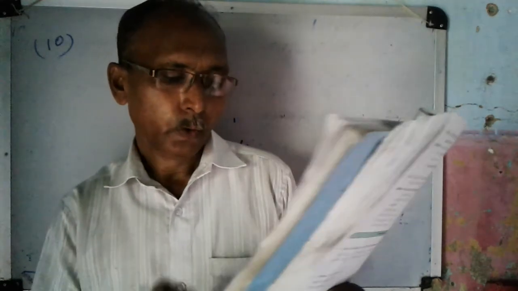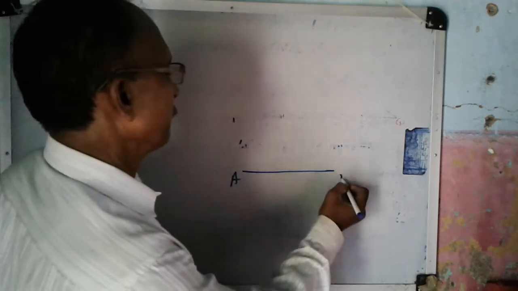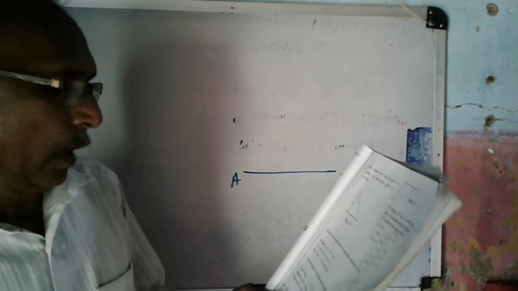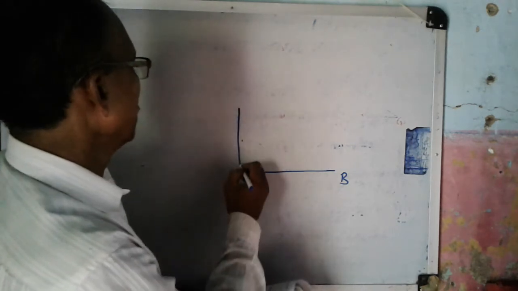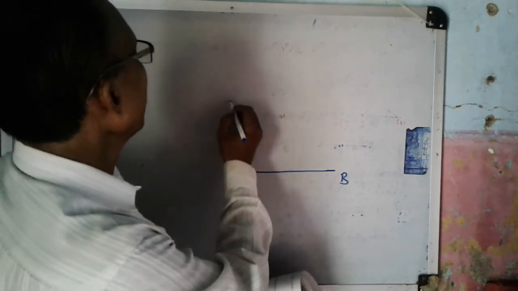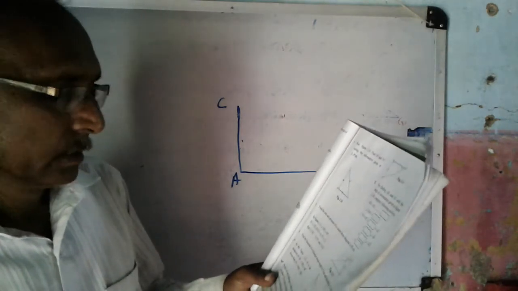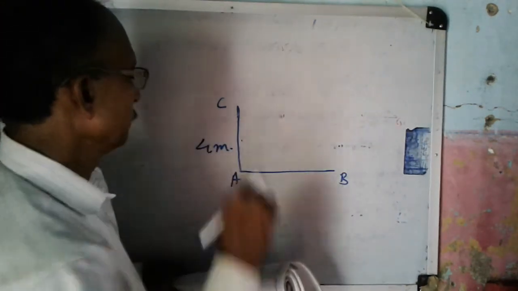Now see, according to the given information, first we have to construct a rough diagram. Suppose AB is a street. Now at point A, one building is here. Suppose AC is one building and its height is 4 meters.